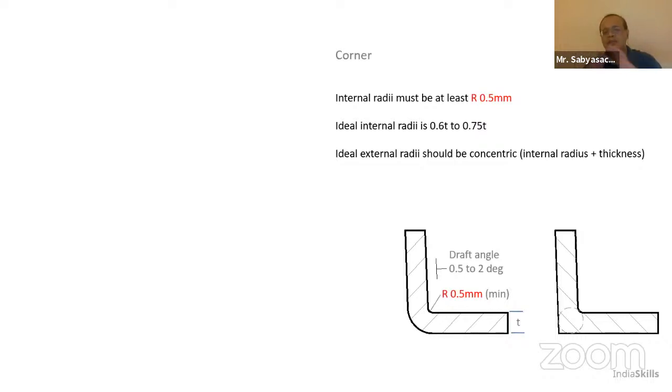Draft angle is something that allows the component to come out of the mold. You have a draft angle from half a degree to about 2 degrees in engineering grade. In commercial grade, like in a bucket, you have a draft angle of about 5 degrees. Unless you give higher drafts, it will not come out for commercial grade plastics. So that is important to remember and understand.